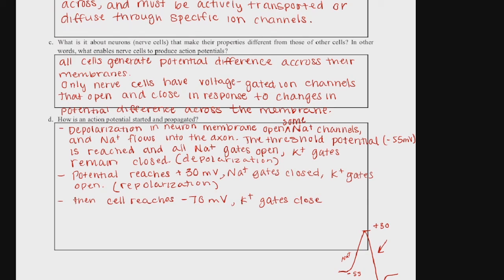So as we see here, both sodium and potassium gates are closed at this period. So there's no possibility of any action potential to be generated again. This is what is called the refractory period.